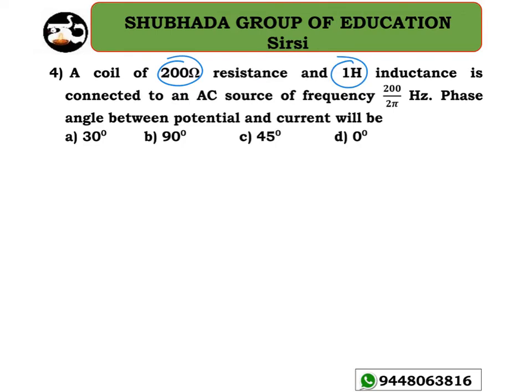As you know, XL equal to 2 pi f into L. So I can get the value of XL: 2 pi, and f is 200 divided by 2 pi, into L which is 1 Henry, so I will get 200 ohm here.